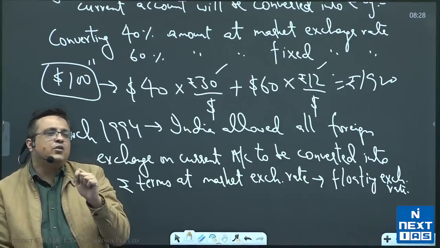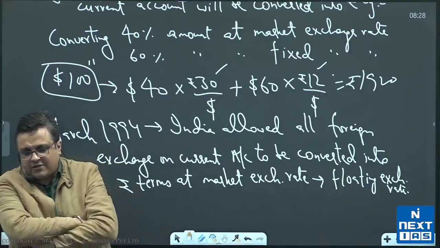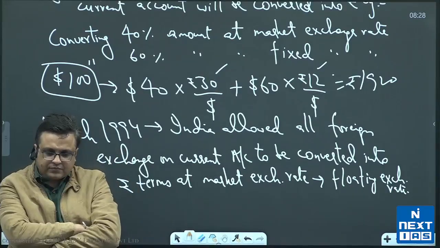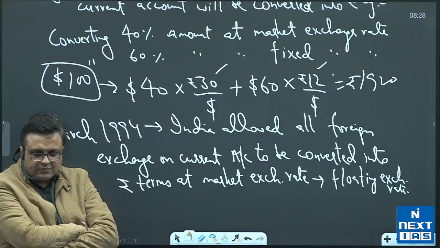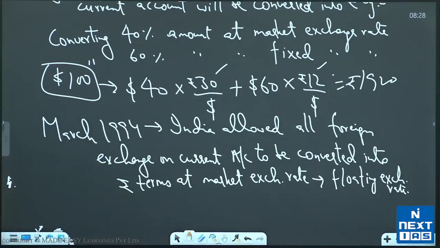Okay. Now, there is one more thing we did for external sector liberalization. You write that as the fourth point. This is the fourth point on external sector liberalization.